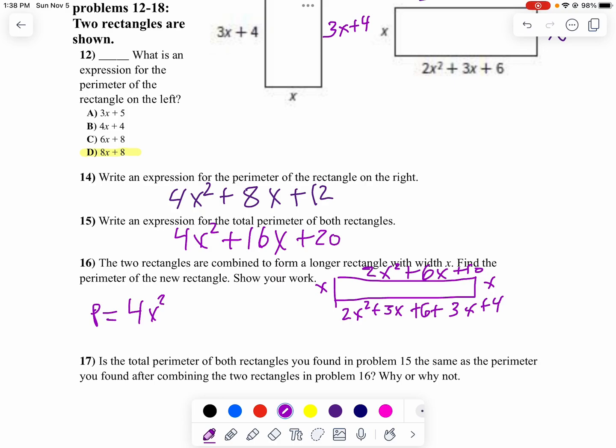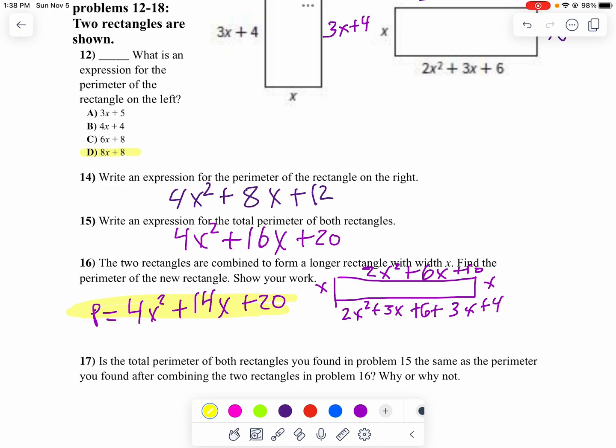And then if I add up my x's, I'm going to say 6x plus 6x, which is 12x, plus another x, plus another x, so I'm going to get plus 14x. And then finally, 10 plus 10 is going to be 20. And there is going to be my perimeter of that long combined rectangle.